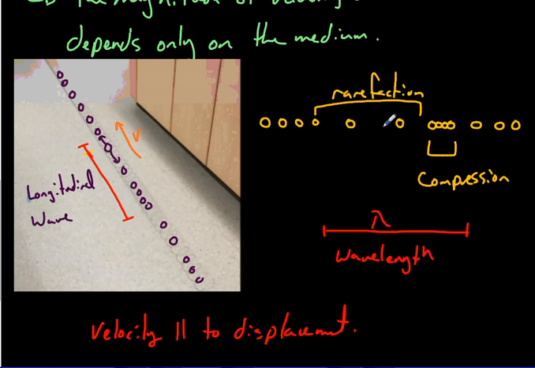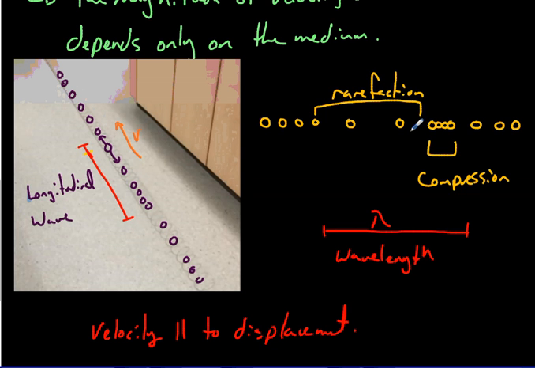It doesn't really apply in the same sense that it does for a transverse wave. However, if you have a larger rarefaction and a tighter compression, we would say the amplitude is larger. If we have less compression and less rarefaction, we would say the amplitude is smaller. But to directly measure it in this picture is quite difficult. Does that make sense?